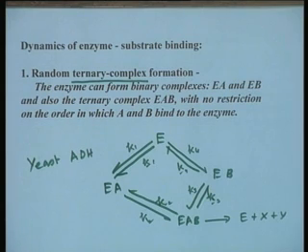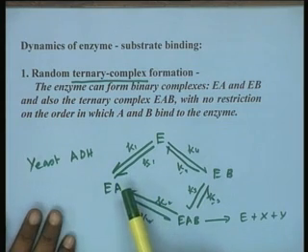Now you will notice another typical feature: the kinetic parameters of the same enzyme, which catalyzes the same reaction, can be different when it comes from two different sources. For example, yeast alcohol dehydrogenase follows a random ternary complex formation as part of the dynamics of its enzyme-substrate interaction, whereas the same enzyme from mammalian cells does not.